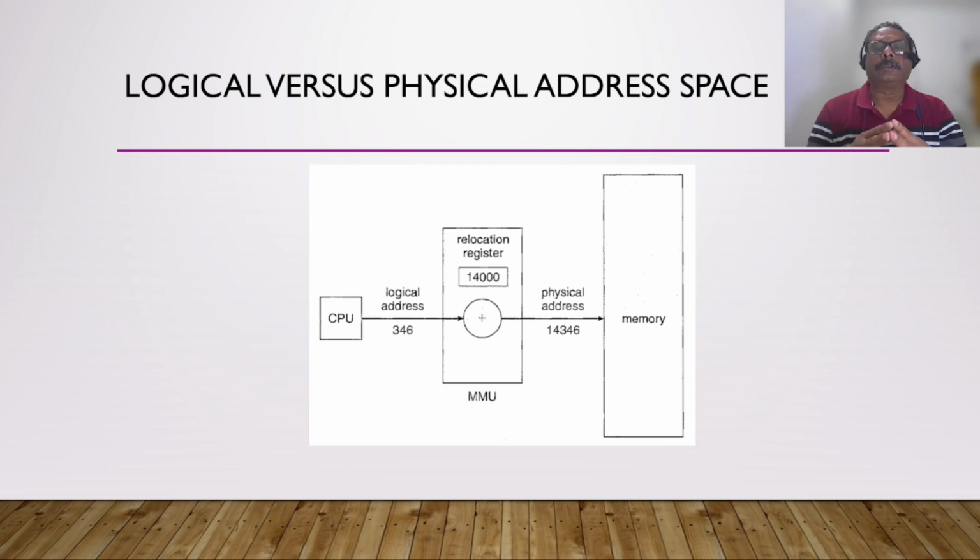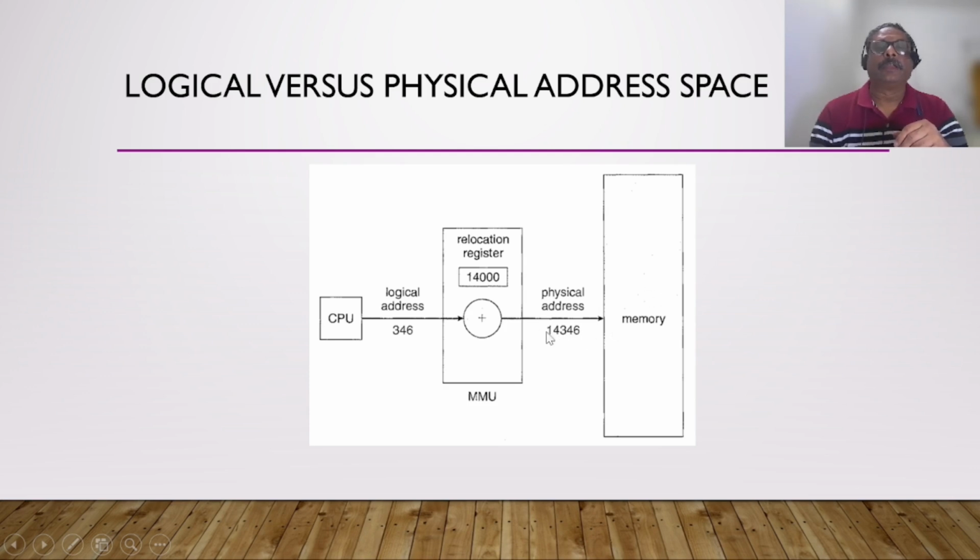So the address of the memory which we are currently pointing to through this logical address is computed using a relocation register. The relocation register consists of the base address of that particular process. So the base address in this example is 14,000. So to this 14,000 the logical address 346 is added, and then the physical address happens to be 14,346.